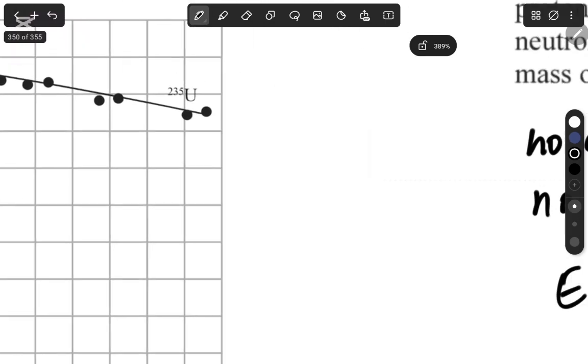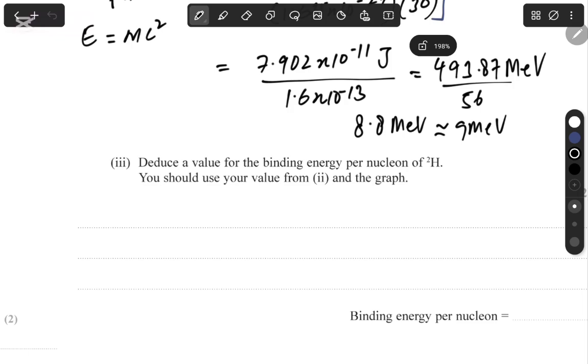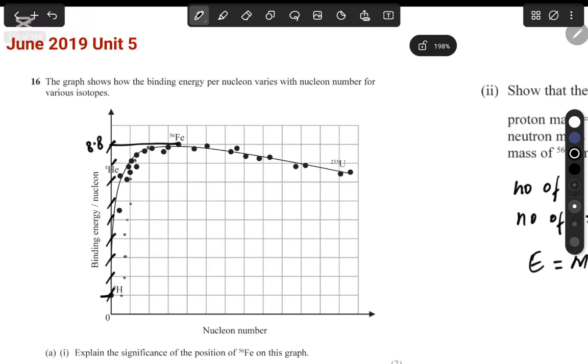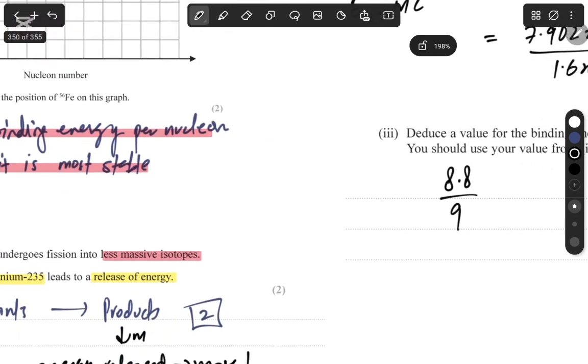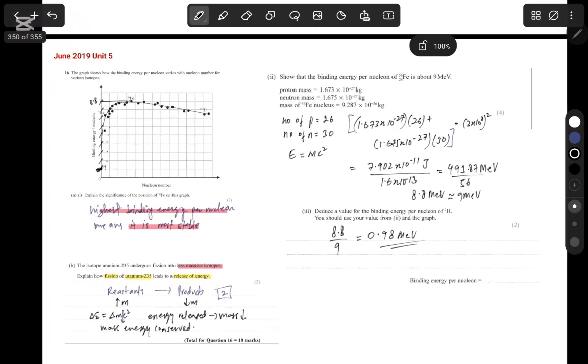So we can say that the value will be the value that we had above, 8.8, divided by 9. You divided by 9 to get to here. So we're going to get the answer as 0.98 mega electron volts. Okay, that's pretty much it for the question.